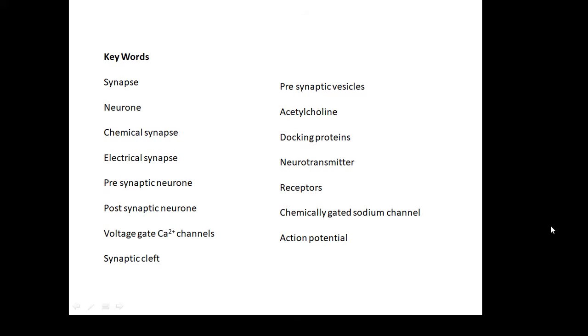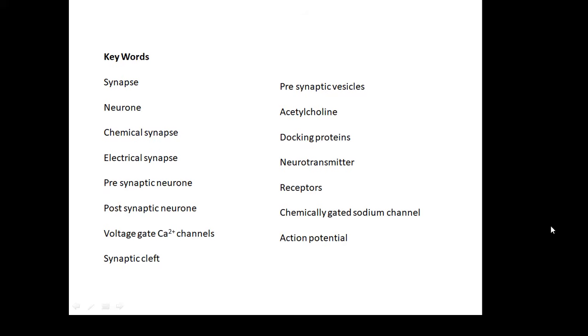The voltage-gated calcium channels, which the action potential causes to open up. The synaptic cleft is the gap that we're talking about between the two neurons. The presynaptic vesicles. So vesicles are like little taxis and they carry the neurotransmitter inside the presynapse.